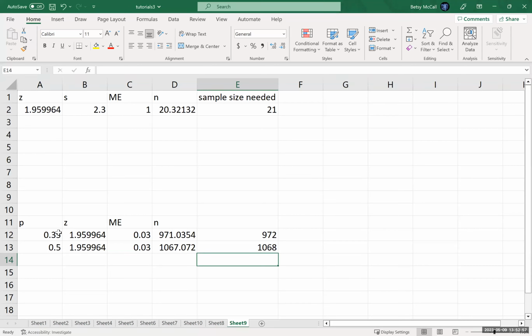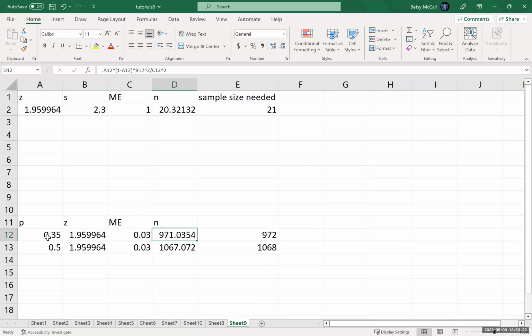Now, if I were to put in a different proportion, it will go down again. So regardless of if I put in a proportion that's higher than 0.5, it'll go back down again because the formula has the P times 1 minus P. So if I put in 0.35 here, that's 0.35 and 0.65.